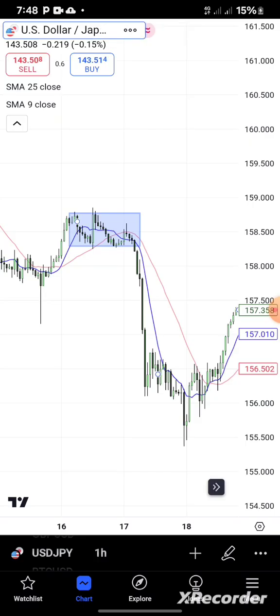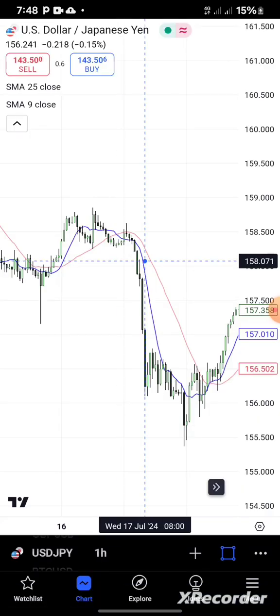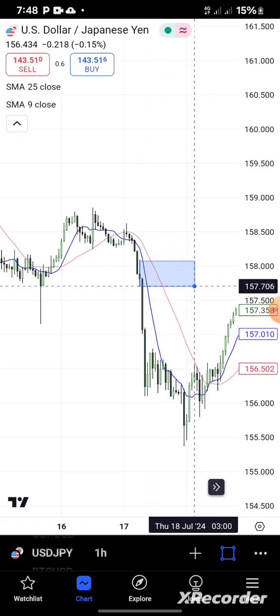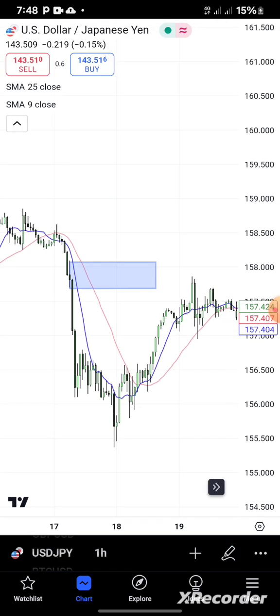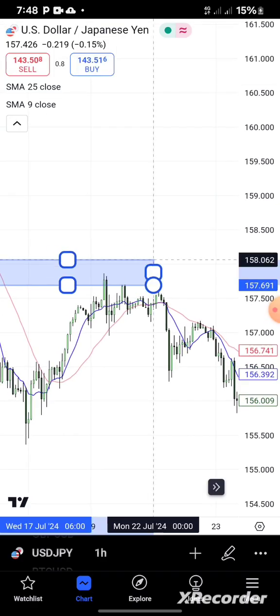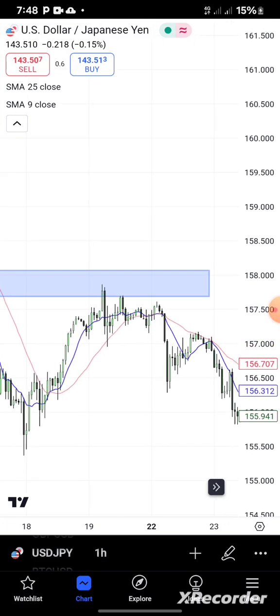The supply zone here is this doji candle, which I'm going to mark. This doji candle is the one we are marking as our supply zone. If you mark it and zoom to this side, you're going to see that price hit that zone and headed to the downside.